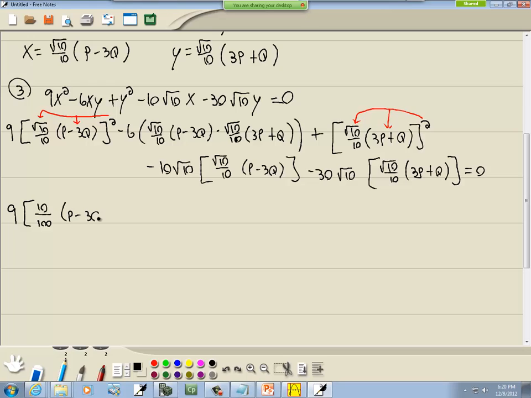And I've got p minus 3q squared, minus 6 times square root of 10 over 10 times square root of 10 over 10. Square root of 10 times square root of 10 is 10, and the denominator is 10 times 10 is 100. And we've got p minus 3q times 3p plus q. And here, square this, that gives me 10, and square the 10, that gives me 100, and then we got 3p plus q squared. Now here, square root of 10 times square root of 10 is 10. Divide by 10, that drops away. So we're left with negative 10.